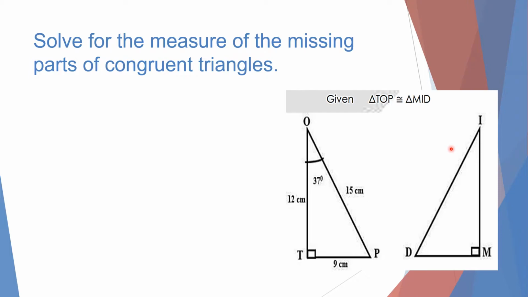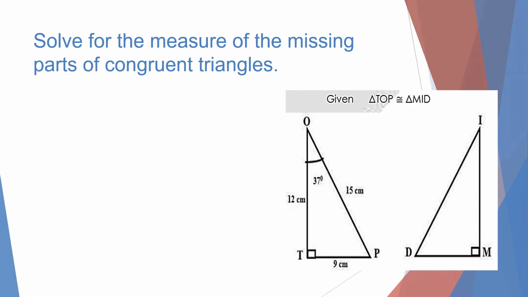So, paano natin isosolve yun? Dun tayo sa next idea na if the parts are congruent, then their measures are equal. So, we need to identify the congruent parts between these two triangles. So, we need to flip triangle MID para ma-pair natin kung alin yung mga congruent parts nila.